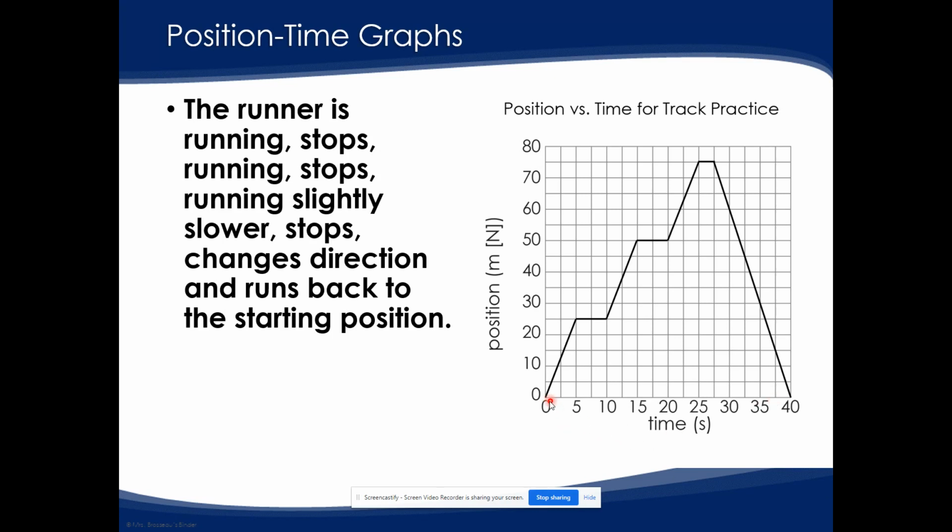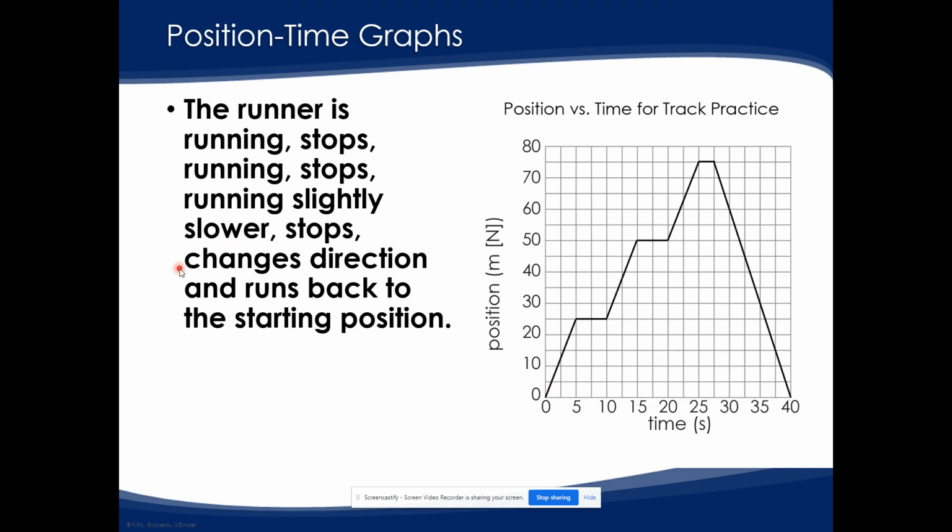So the runner is running for 25 meters, then they stop for 5 seconds, runs for another 25 meters, stops for another 5 seconds, runs for 25 meters, stops for 2.5 seconds, and then they run all the way back to the 0 start position.